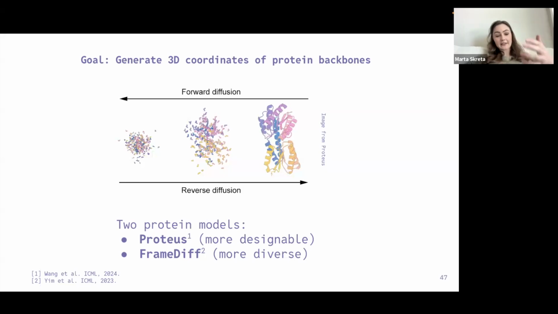So it's predicted that if you can do that, more likely that you can make it in a lab. And then we also look at FrameDiff, which is less designable than Proteus, but it generates structures which are more diverse, which is interesting when we want to sort of explore the landscape of a space. And so we want to be able to capture some of that diversity and combine the best of both, generate proteins that are both designable and diverse.